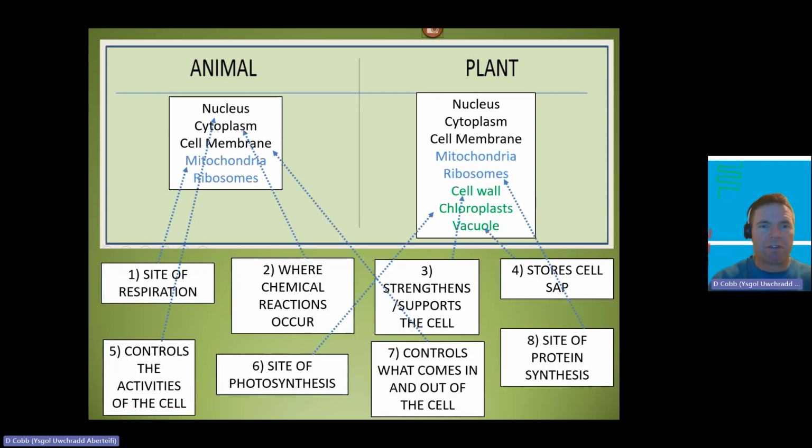And so here I've just again added on those different functions, what goes with what. You can see I've got 4 pointing here towards the animal cell, but all those 4, the nucleus, the cytoplasm, the cell membrane, and the mitochondria, they appear in both plant and animal cell. It's these 3 in green, which are plant cell only. The ribosomes do appear in both, but I think it's unlikely you'd be asked about ribosomes.